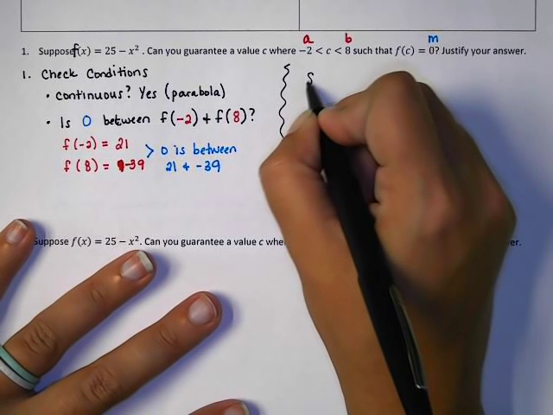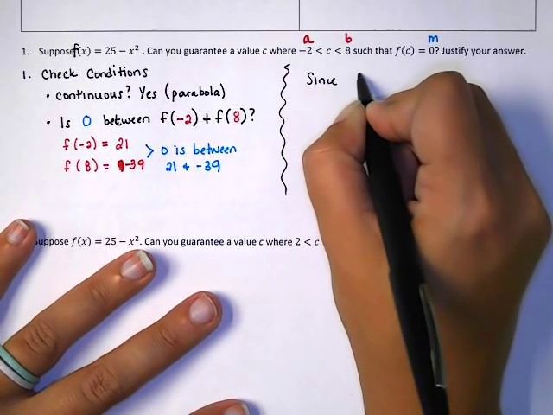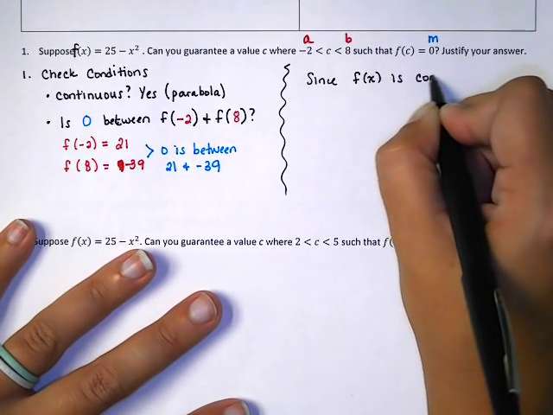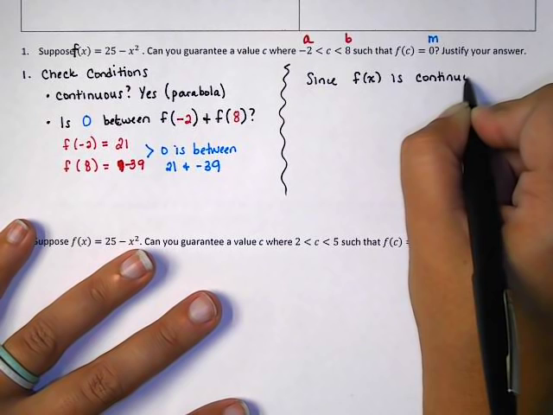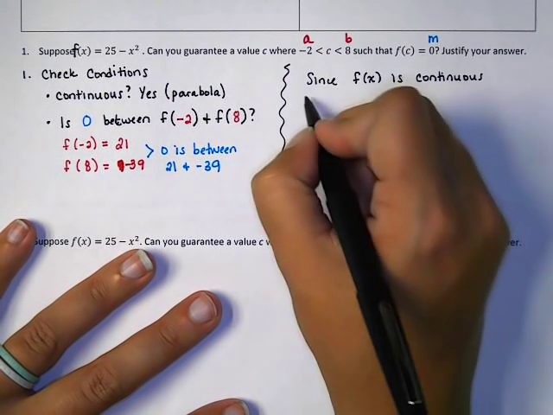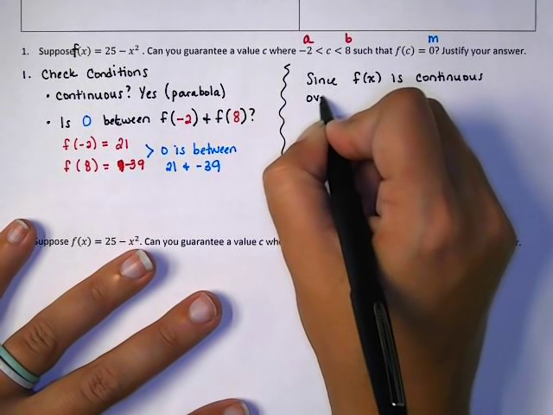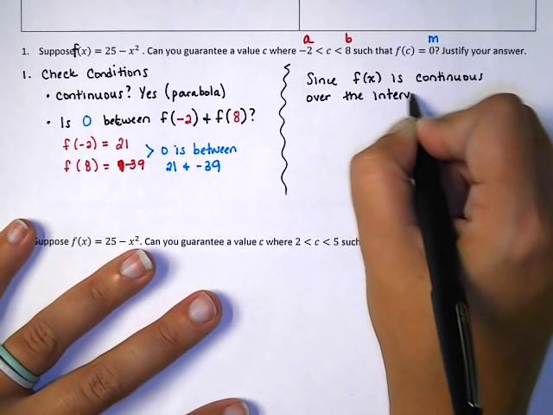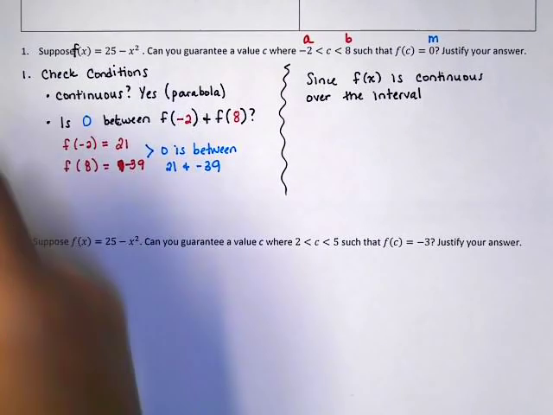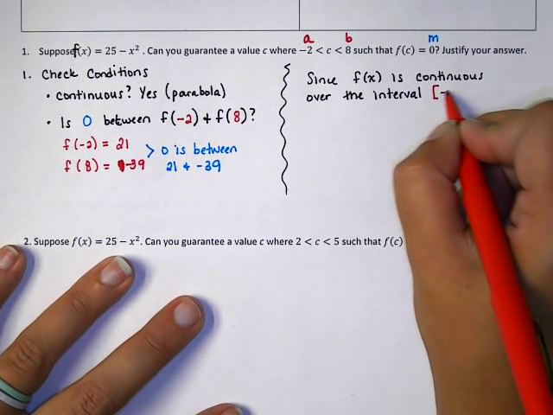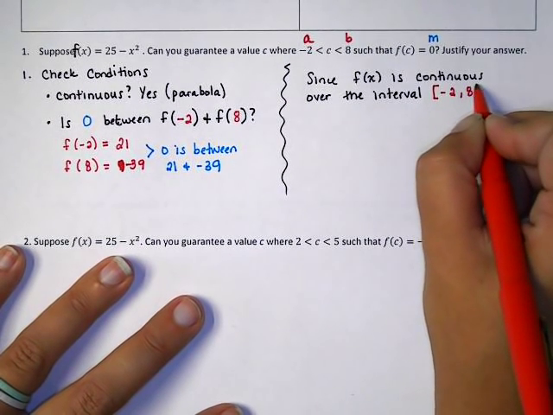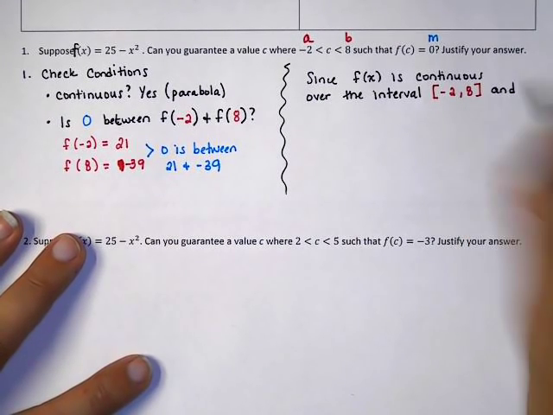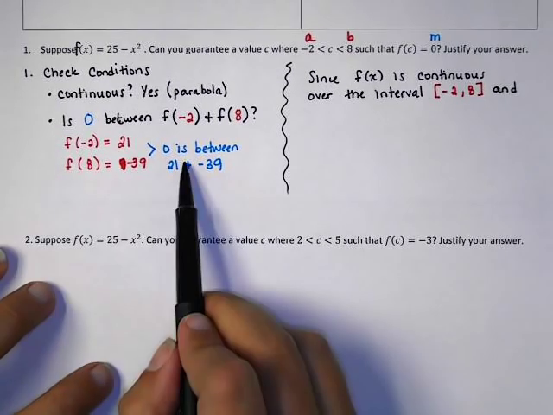We're going to say since f of x is continuous over the interval, and we're going to write our specific interval, -2, 8.